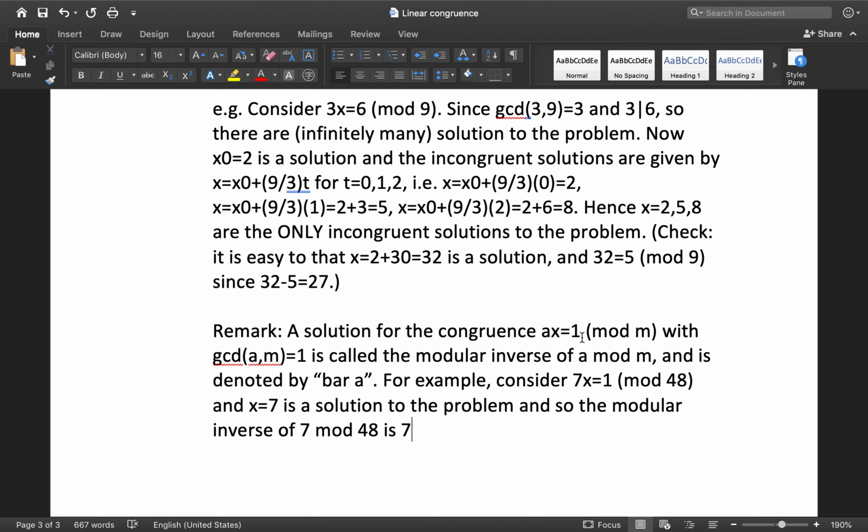You're solving another equation and then you get a solution, and we just call that solution the inverse. So it's a similar concept but not exactly the same. In particular, we don't have a fraction, we have an integer. So that's the end for linear congruence. Let me just stop here.